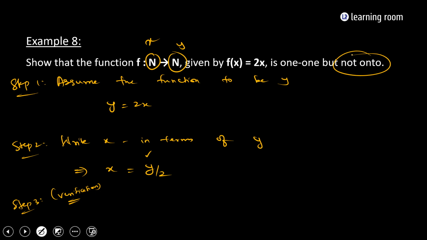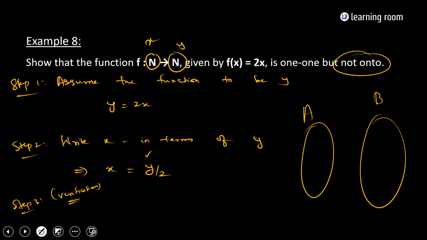I hope that is simple. Second step, you're writing x in terms of y. That is also simple. Now, what did I tell you onto function is? I didn't give you the book definition. If I have to say a given function is onto, for every element that is present in the codomain, there should be a pre-image existing in X.